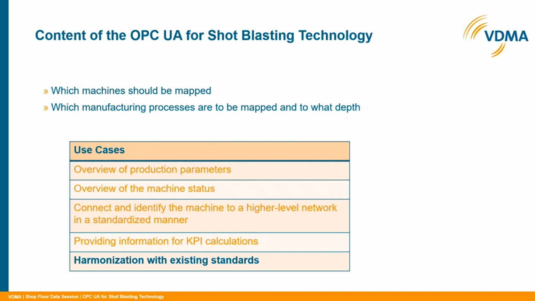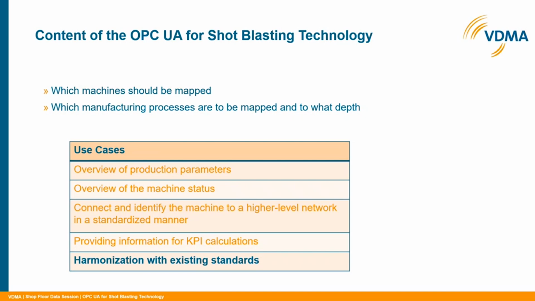So a first use case is to get an overview of the production parameters. For sure, if you want to have a look into the information model, then the idea is to find some parameters that are currently running on the machine. So you want to know what your machine actually is doing and in what way with which parameters.